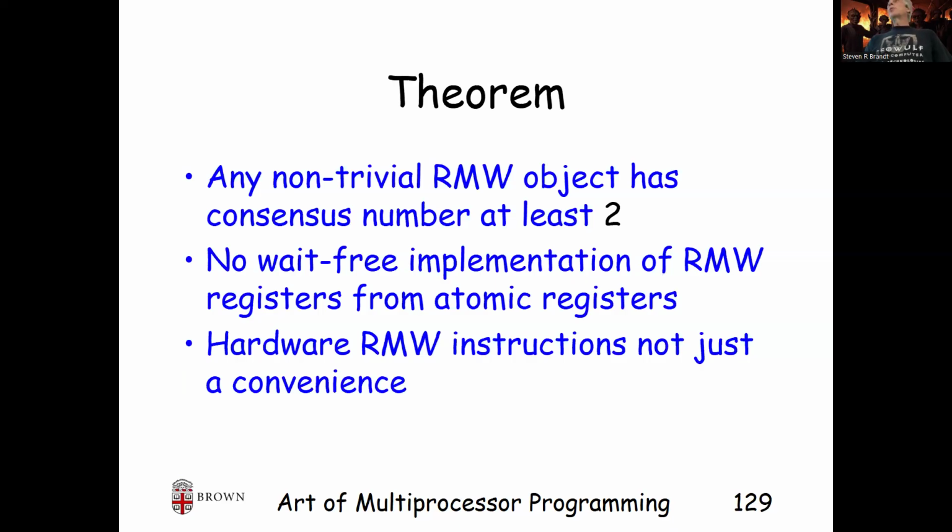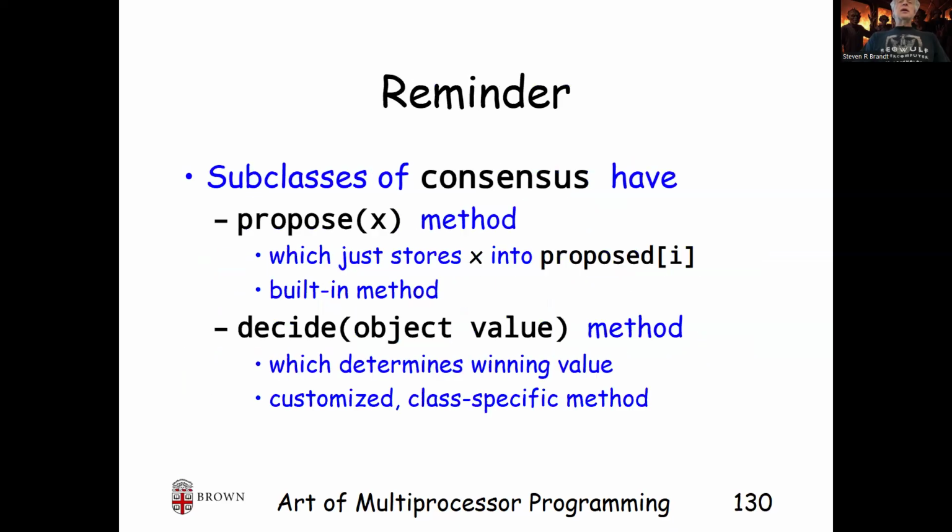I just say regular memory whenever I see atomic registers. Hardware RMW instructions are not just a convenience, right? These special instructions that we have on our hardware are there for a good reason. In a subclass of consensus, we have the propose method, which just stores something in an array, and a decide method. All subclasses are going to have this.